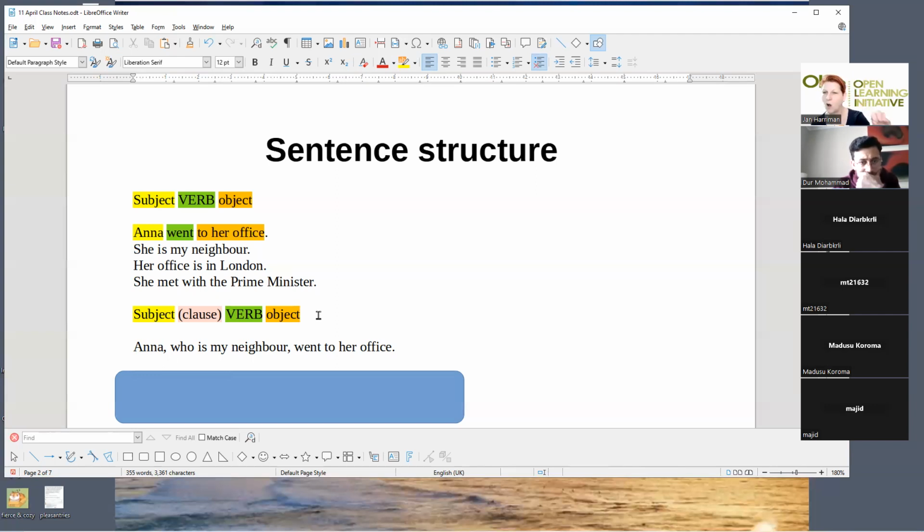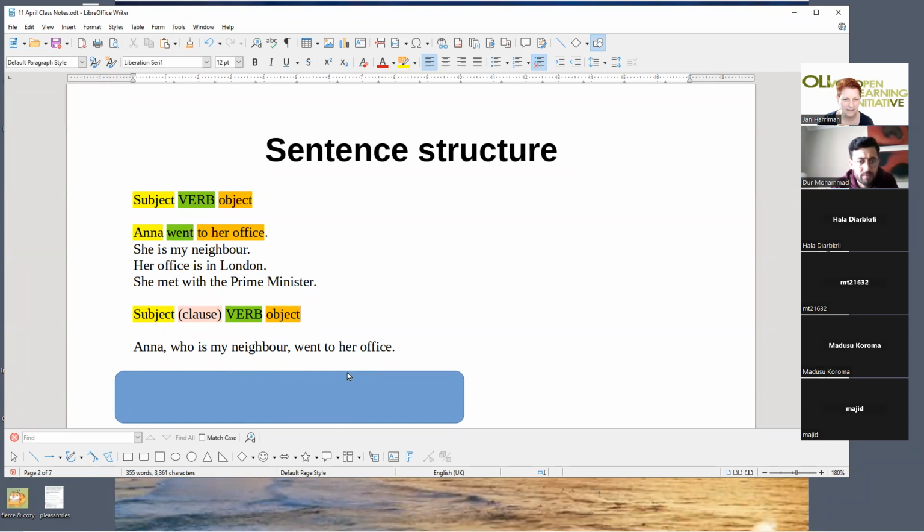We can turn all of the extra information into clauses and add it to the main core sentence. All right. So here I've done one. We've put a clause in to say who Anna is, so we don't have to have a separate simple sentence. Now we've got a more complex sentence.